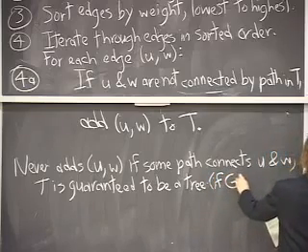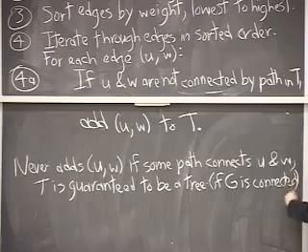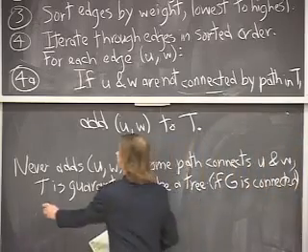Well, that is, if G is connected. If the original graph is not connected, then there's no way the spanning tree can be connected either. But in that case, we at least get a forest.